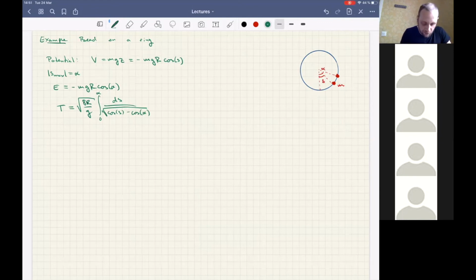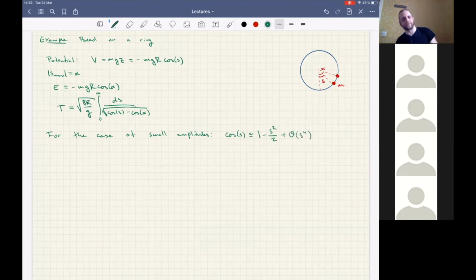Now, for the case of small amplitudes, cosine of s is approximately equal to 1 minus s squared divided by 2, plus higher order terms in s. The same goes for cosine alpha, just changing s for alpha.